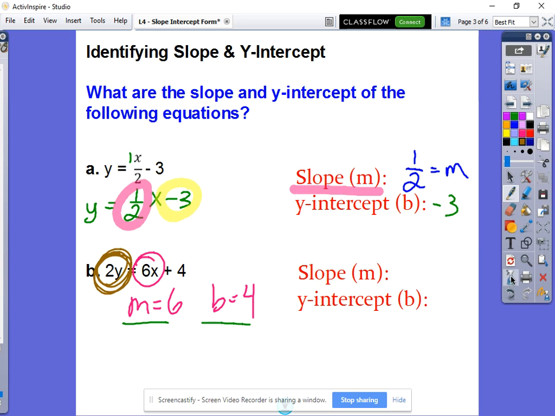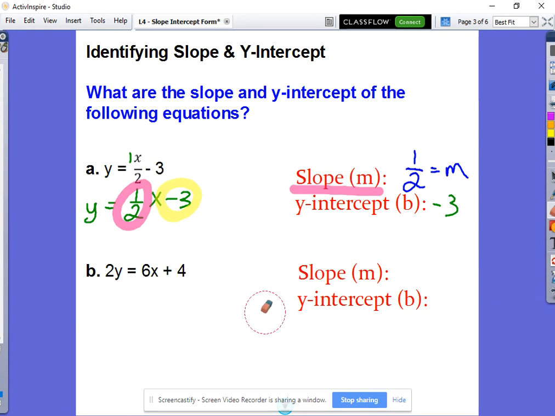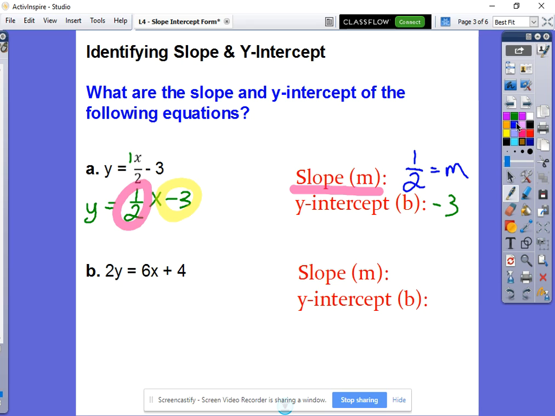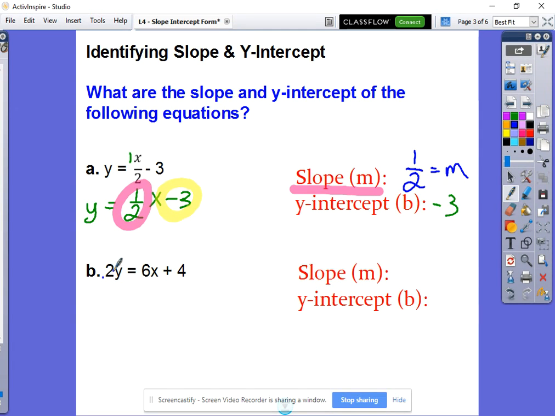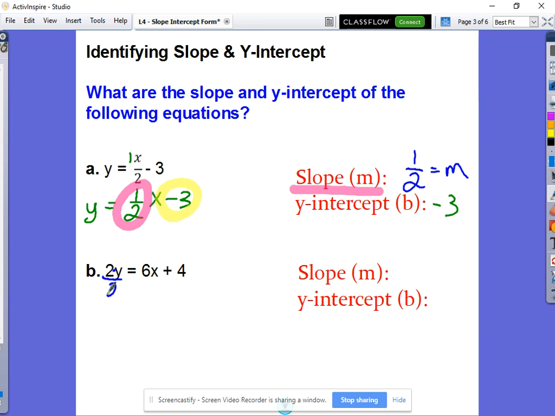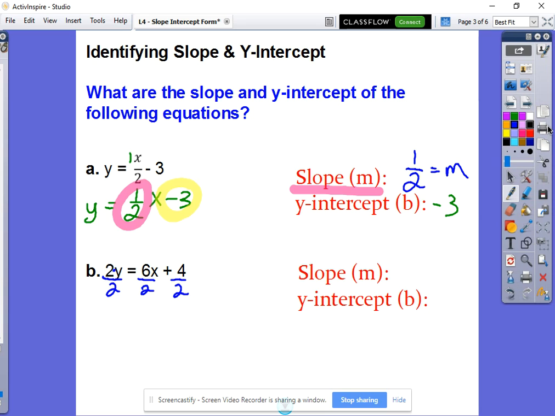We can't identify the slope until our y value is completely alone. So we need to get that y value alone first, and then once we do that, we'll be able to identify the m and the b. So how do we undo multiplication by 2? We divide by 2. So everywhere, let's divide by 2. What's our new equation?